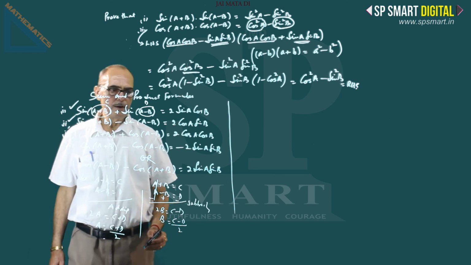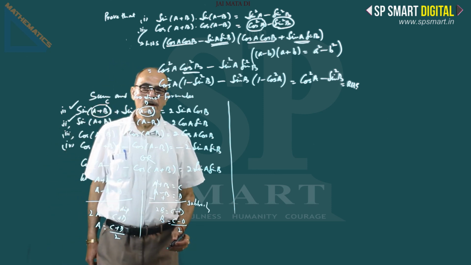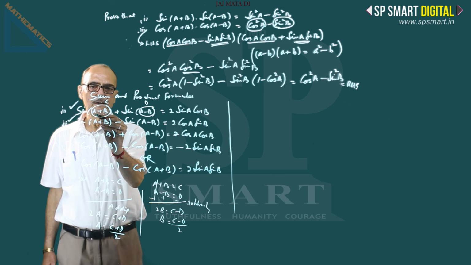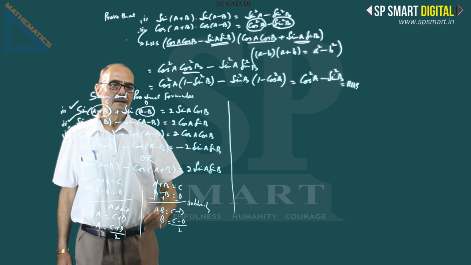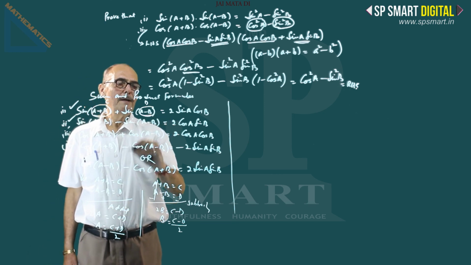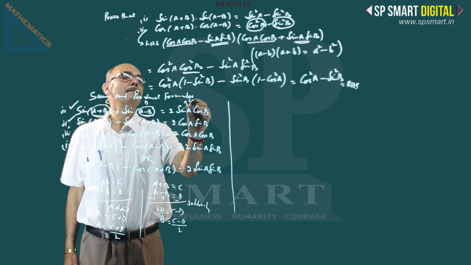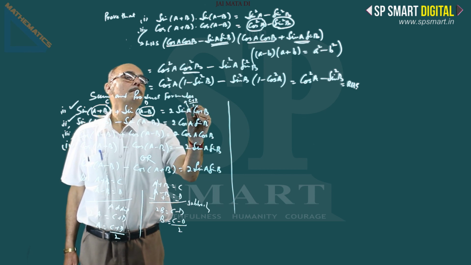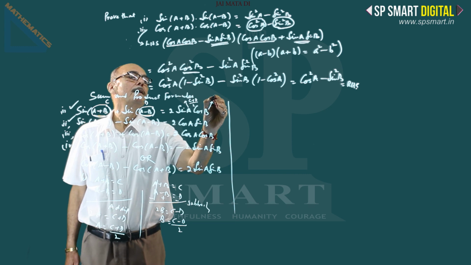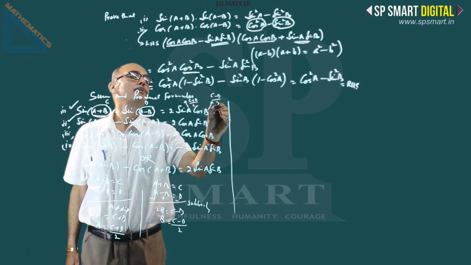In the first 4 formulas, we replace A plus B by C, A minus B by D, A by (C plus D) by 2, and B by (C minus D) by 2.